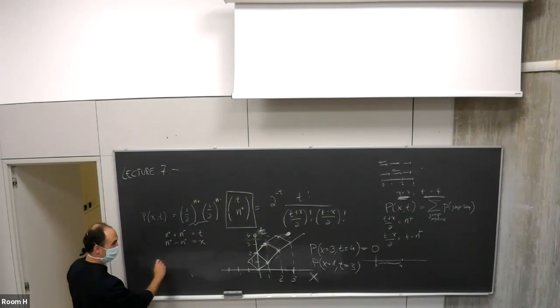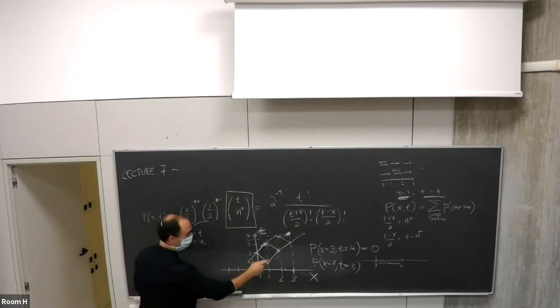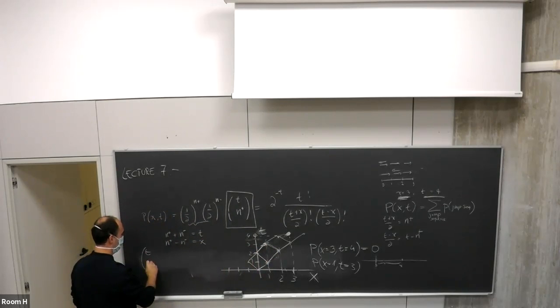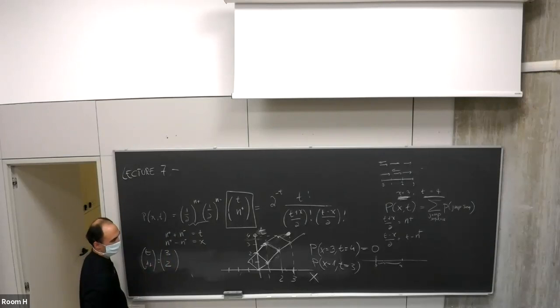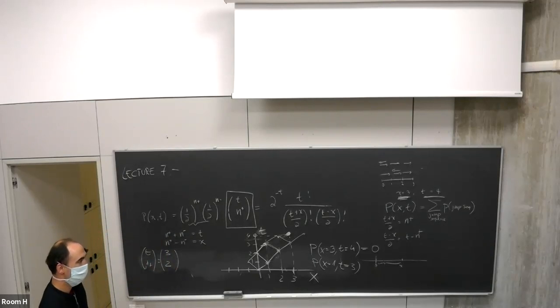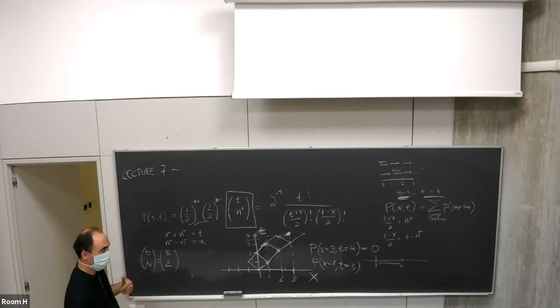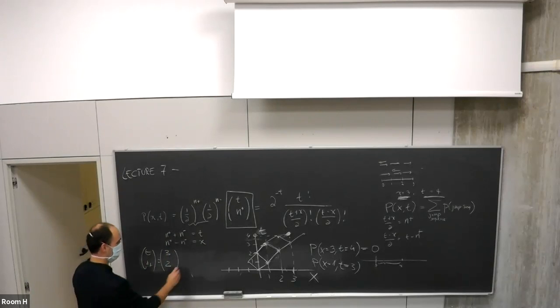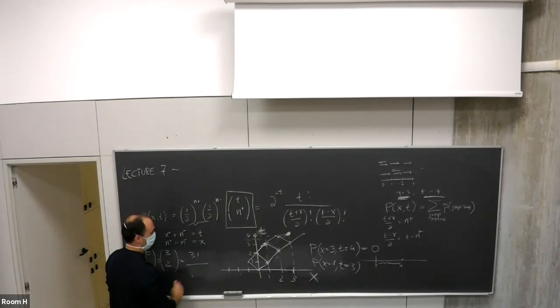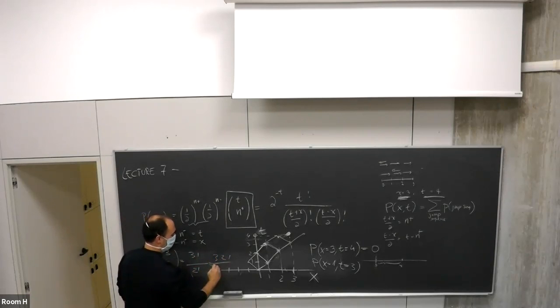Okay, because we said t is equal to 3. So t choose n plus will be 3 choose 2. n plus is the number of steps forward, so we said it's 2. This will be 3 factorial over 2 factorial, so 3 times 2 times 1 divided by 2 times 1.